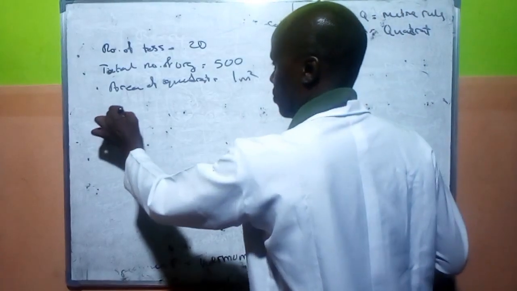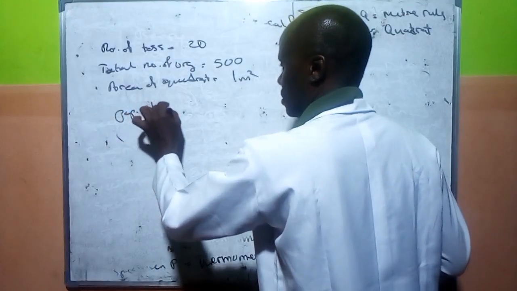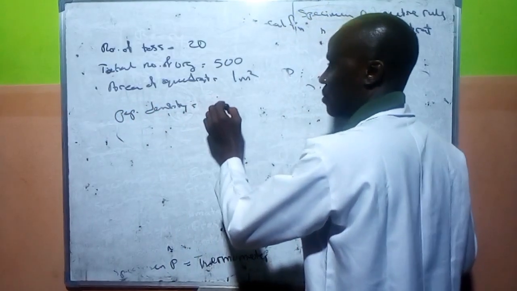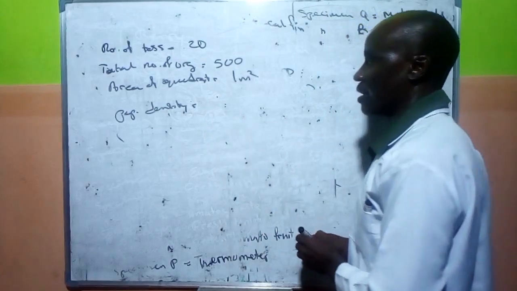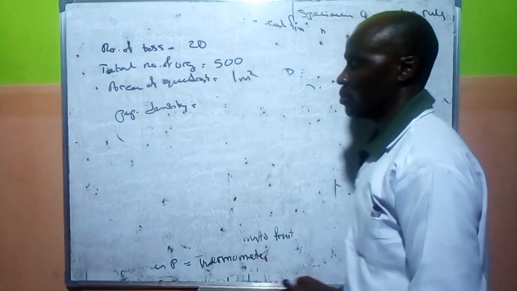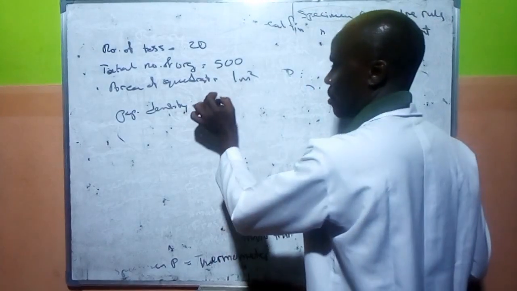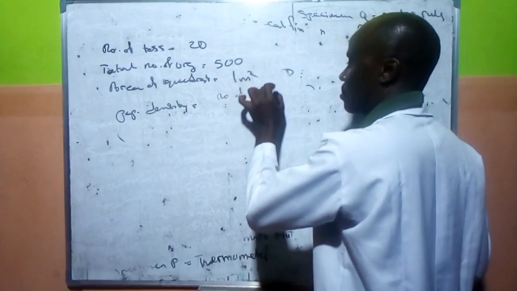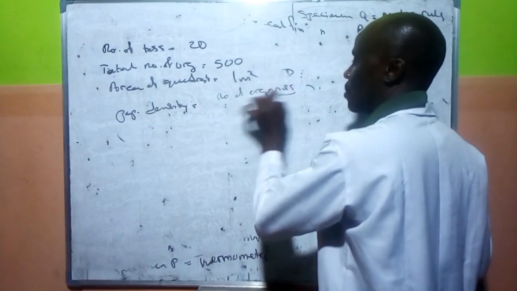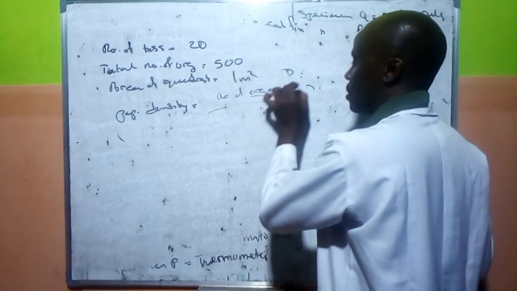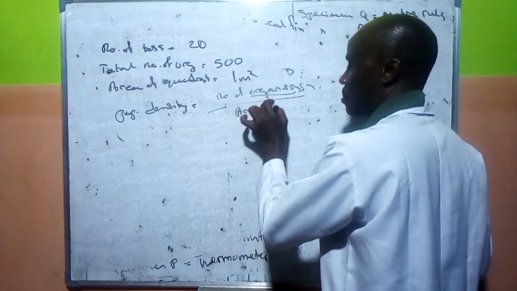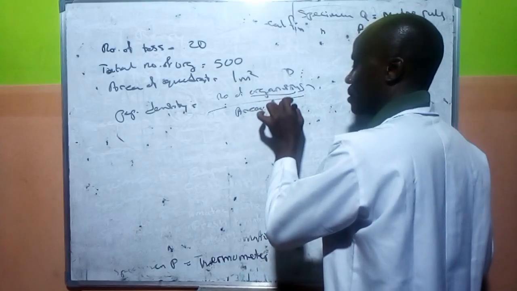Population density is the number of organisms over the area of the habitat. But before we do that, we need to find the average.